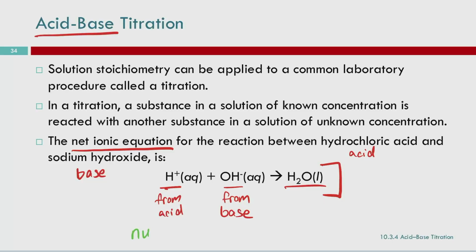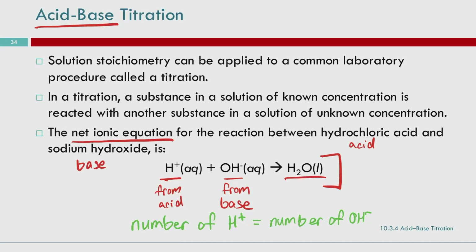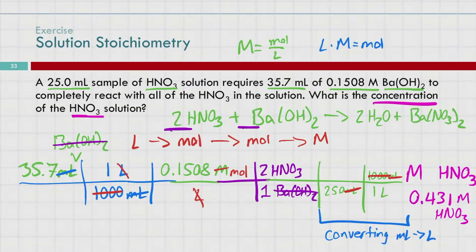The helpful part, the number of H pluses equals the number of OH minuses. So part of the reason that I was able to very quickly come up with a balanced chemical equation here, despite not having one, is because I know that nitric acid has one H in front, and barium hydroxide has two hydroxides.